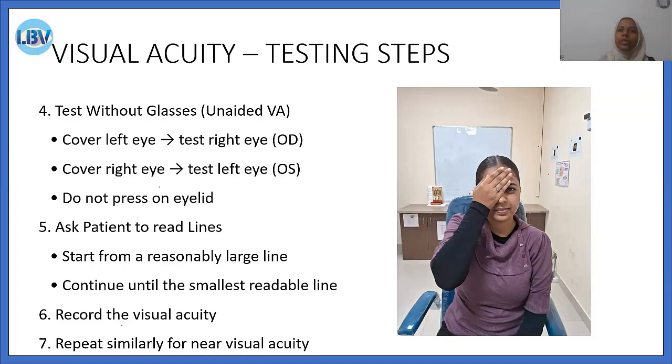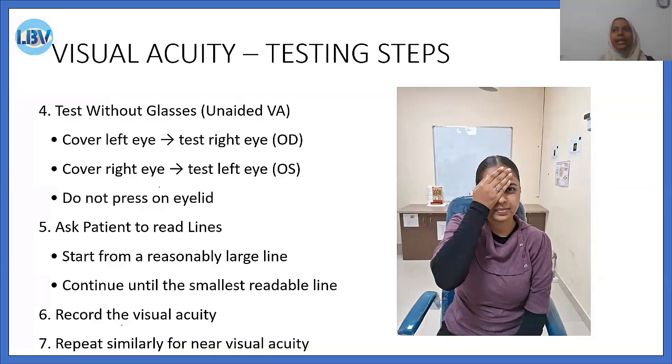You also need to reinforce the patient by telling them, let's see, good, you have read it, the next letter. You have to keep them pushing to try further, to read further, and that is also very important. And then you record the visual acuity immediately.